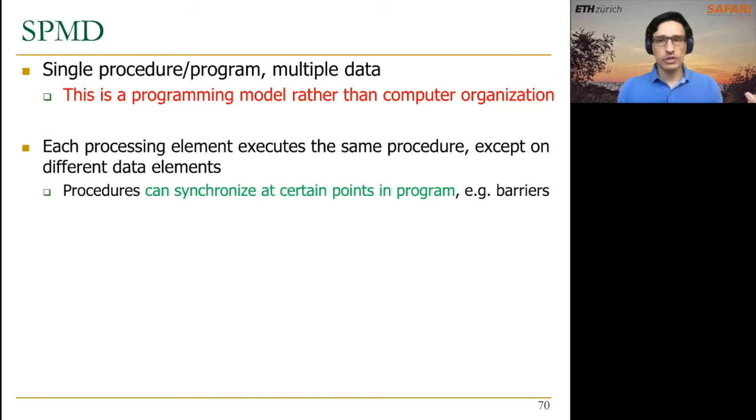Let's imagine for the simplest case that we have thread 0 and thread 1, and thread 0 is going to sum all the elements of the first half of the array, thread 1 the remaining elements. In the beginning, they can operate independently, right? So thread 0 goes and adds element 0, 1, 2, 3 until the half of the array, and thread 1 does the same. They can work independently, but at some point we need them to synchronize.